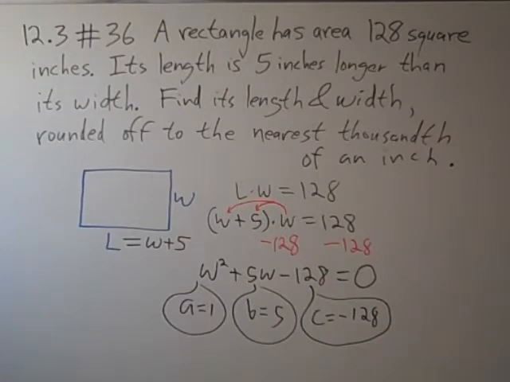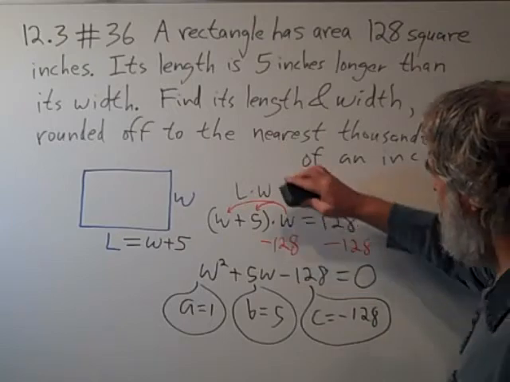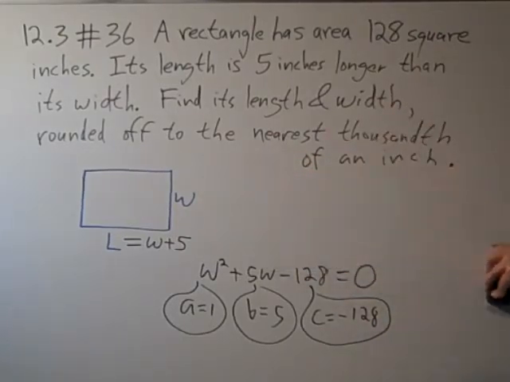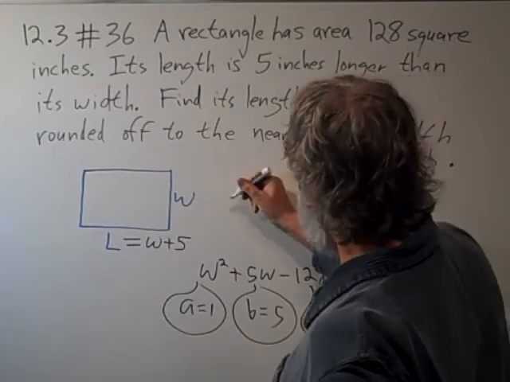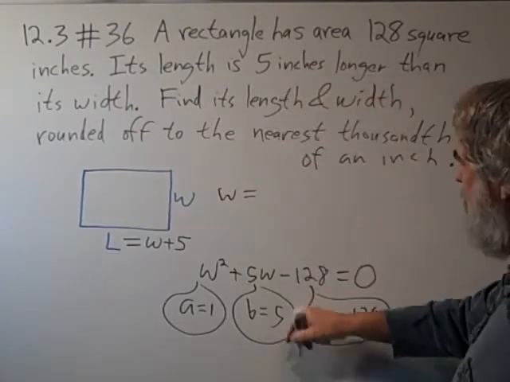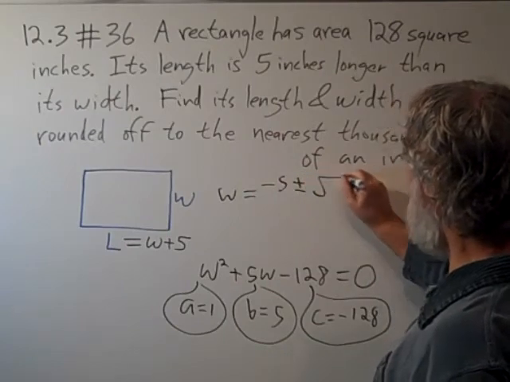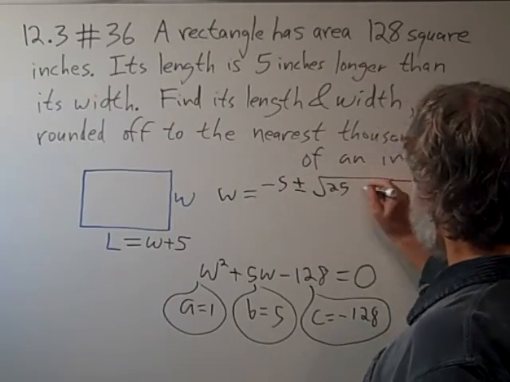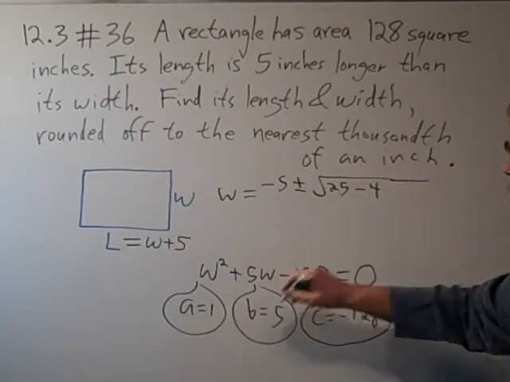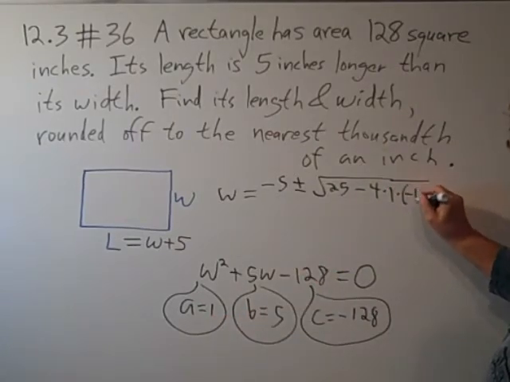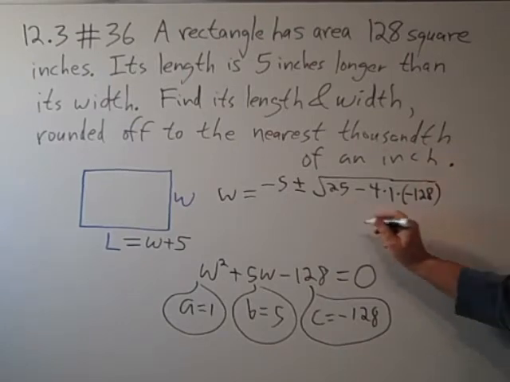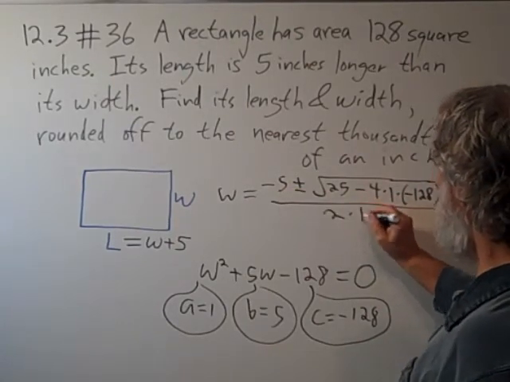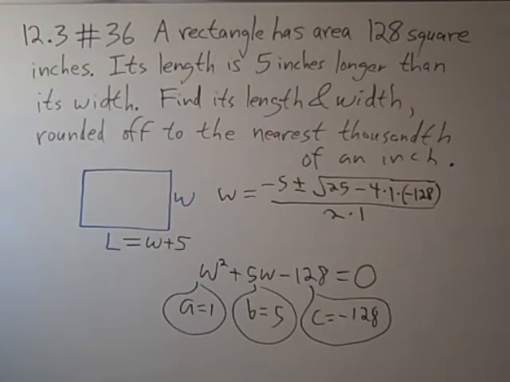So now we can use the quadratic formula to solve for W. So we get that W is equal to negative 5 plus or minus the square root of 25, which is that 5 squared, minus 4 times A, which is just 1, times negative 128. All this divided by 2 times 1, 2 times A.